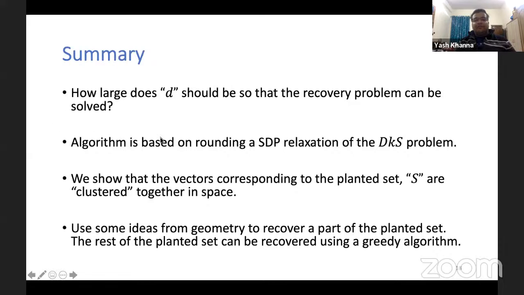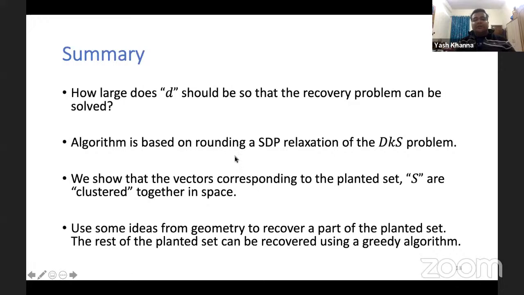Our algorithm, which I will not be able to talk about in this presentation, is based on rounding a semi-definite programming relaxation of the DKS. We show that the vectors corresponding to the planted set S are clustered together in space, and then we use some standard ideas from geometry to recover a part of the planted set, and the rest of the planted set can be recovered using some greedy algorithm.